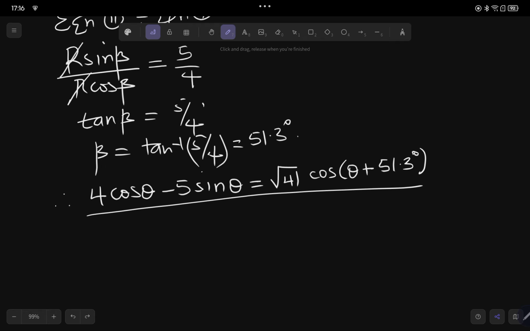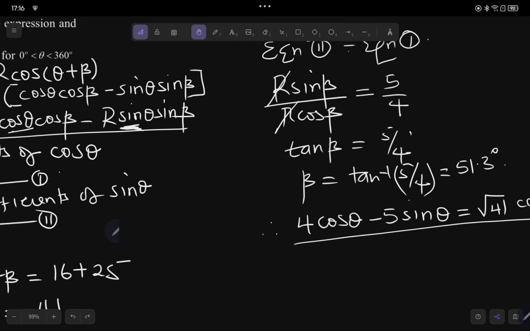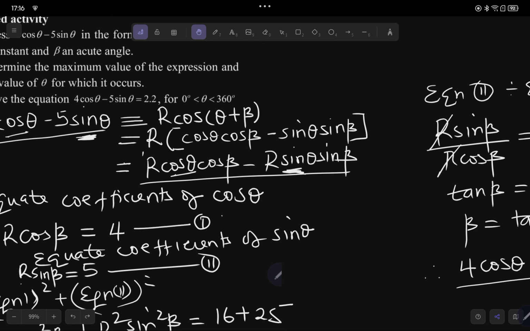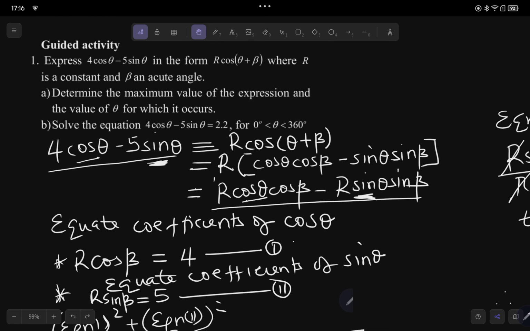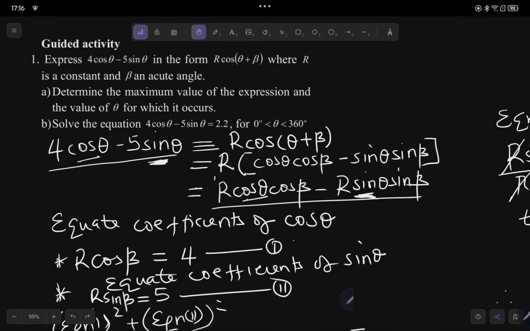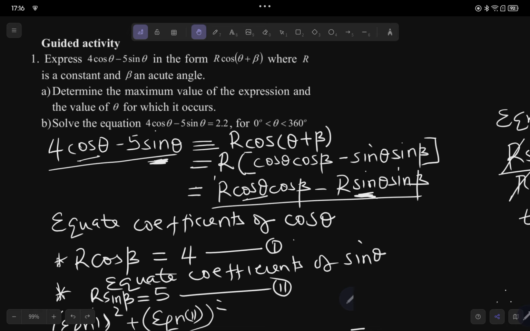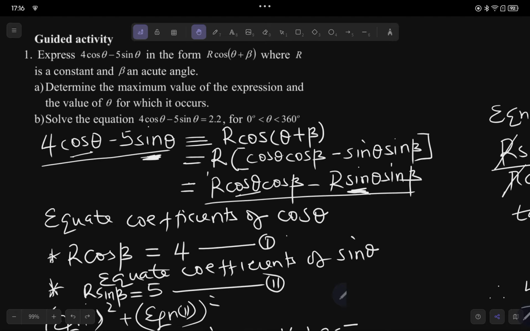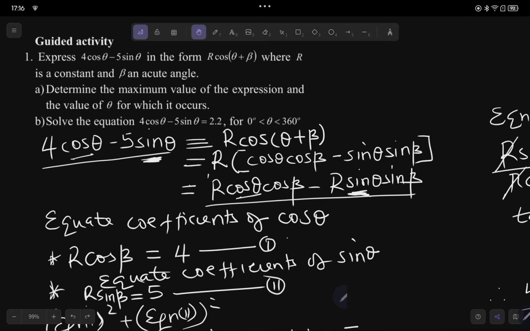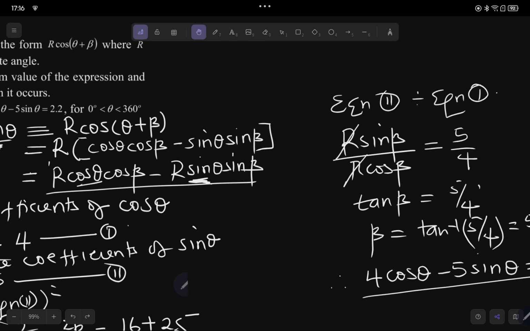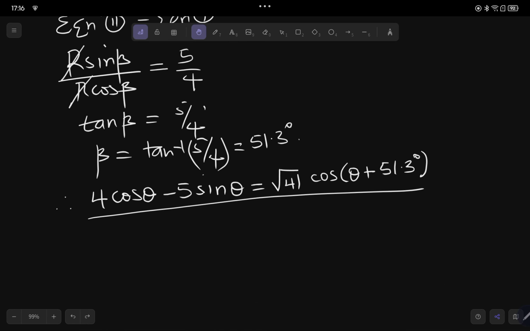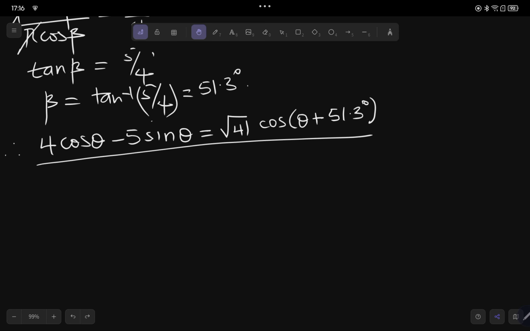Now, this question had another part. Part A: determine the maximum value of the expression and the value of theta for which it occurs. What is the expression? It is what they want us to find the maximum for.